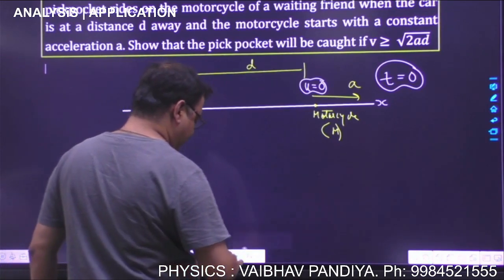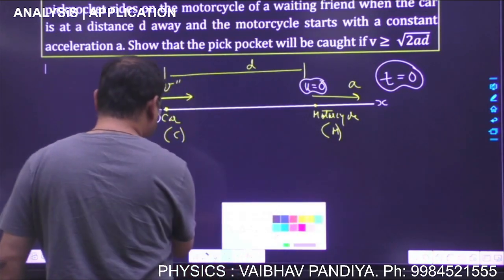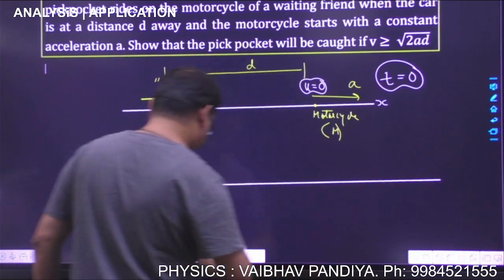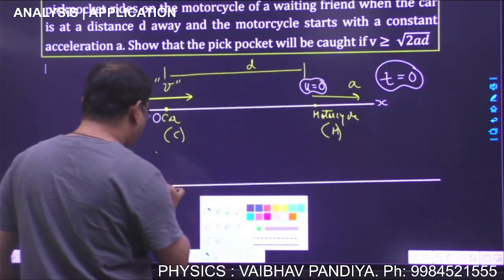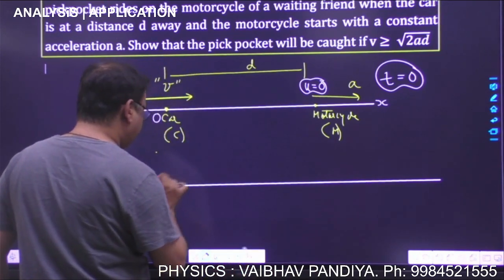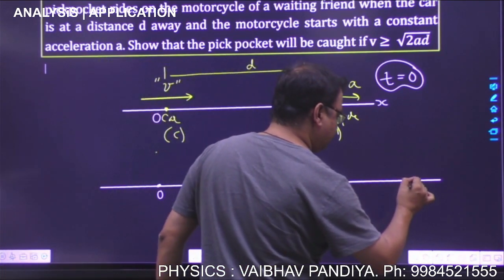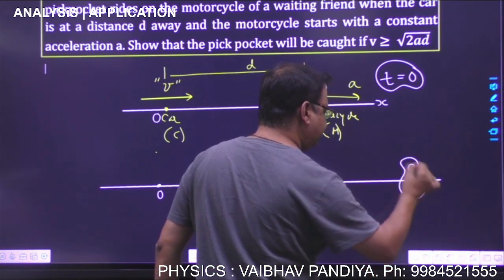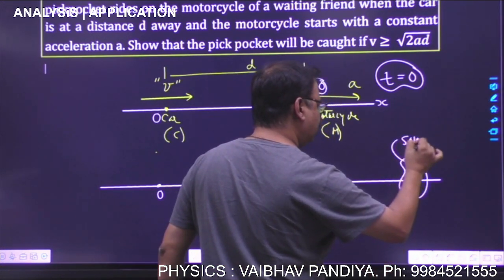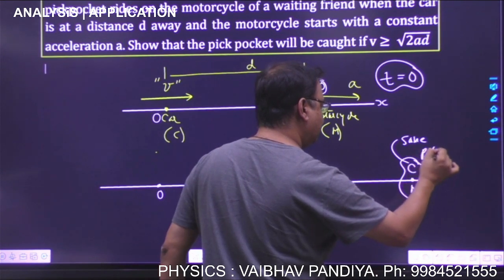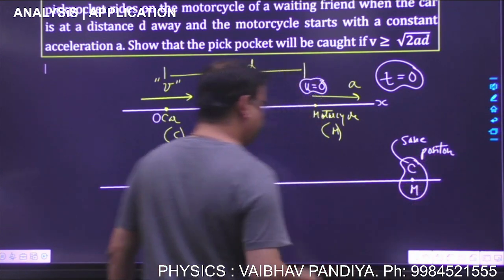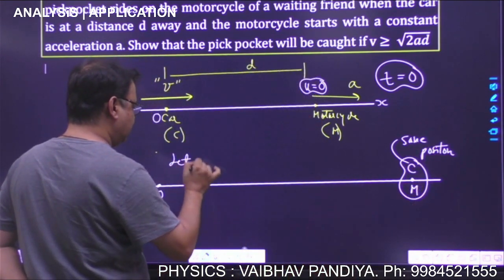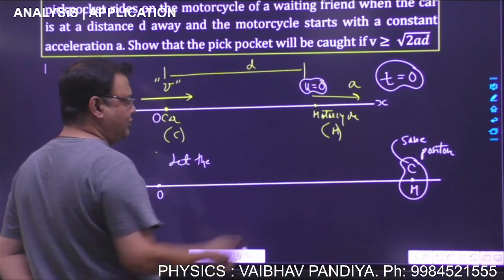So suppose we take a model in which the pickpocket is caught at a time t. So at time t, the car and the pickpocket will have the same position, yes or no? They will have the same position. I don't know whether he will be caught or not.